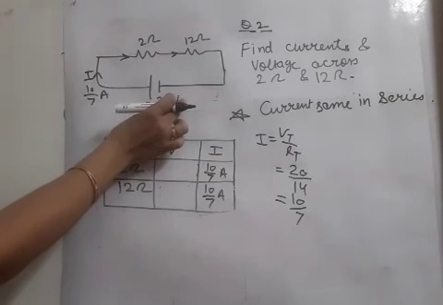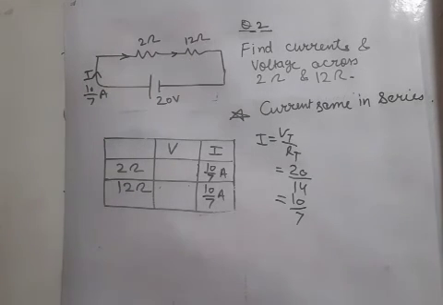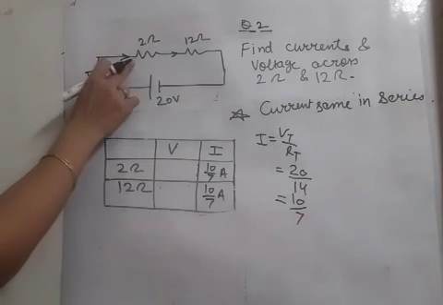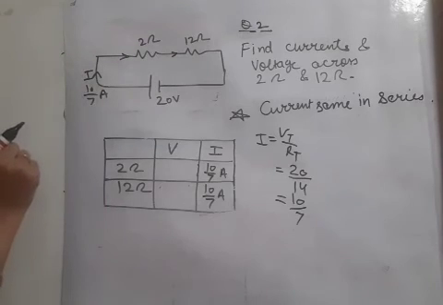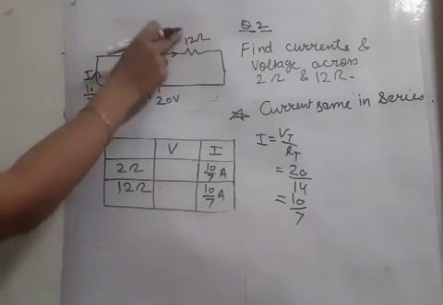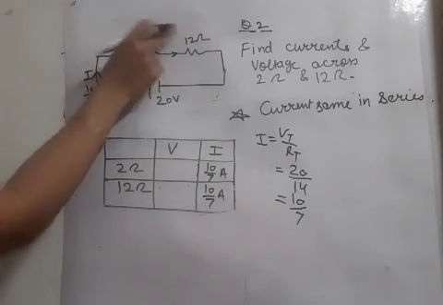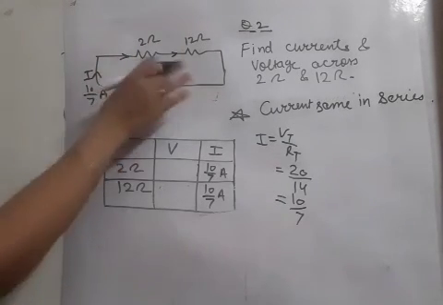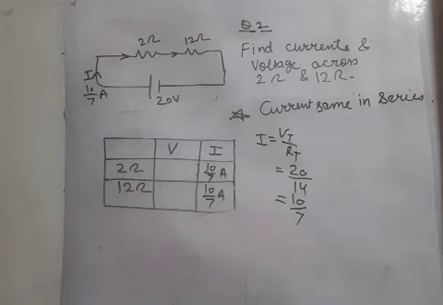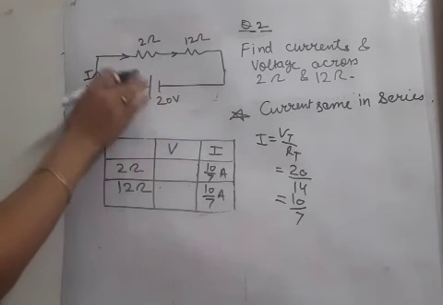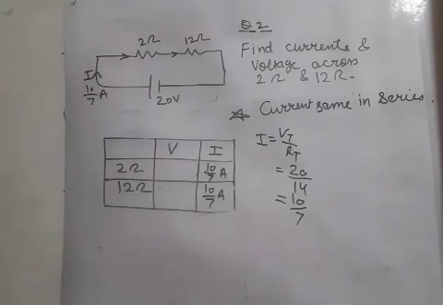So 20 volt is divided into two parts, but it is not 10 volt and 10 volt because these two resistances are not of equal value. If equal resistances are given, you can easily write equal voltages. That means 20 volt will be divided as 10 volt and 10 volt in case of equal resistances. But now the resistances are different.